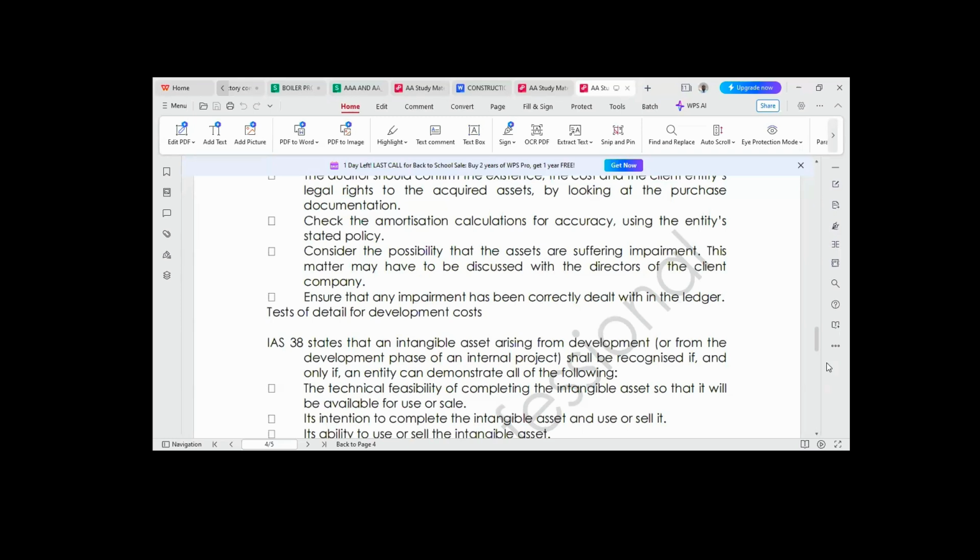So when they embark on that research and development that they want to build a car that can fly, if they have performed the development up to a stage that they are convinced that just a little money, this thing will come into existence, then it has changed from research to what? Development cost.